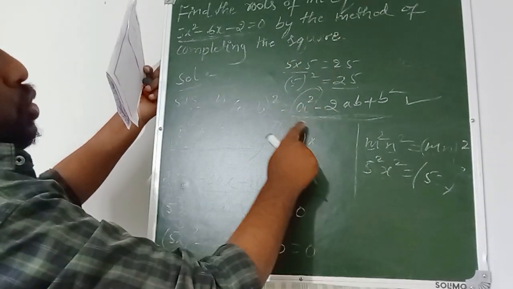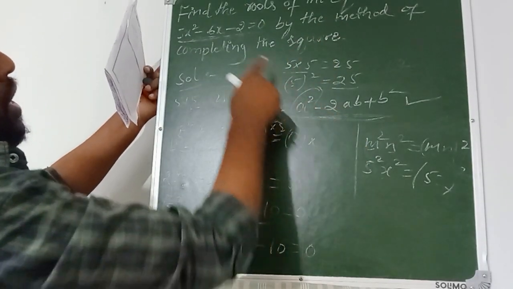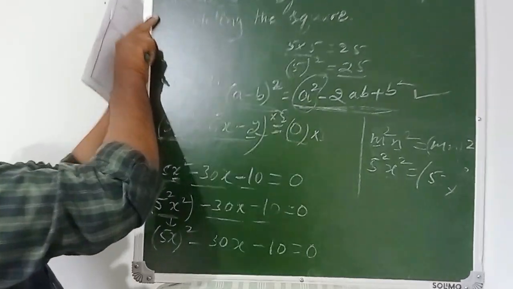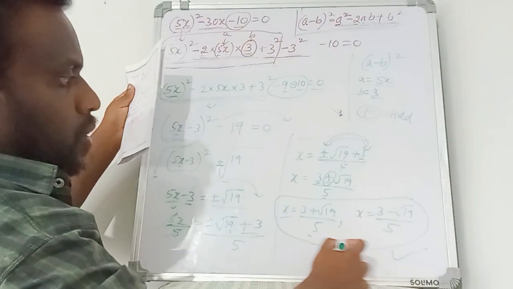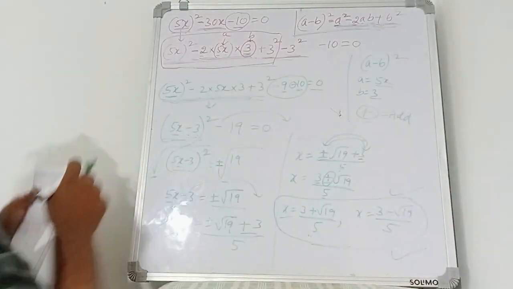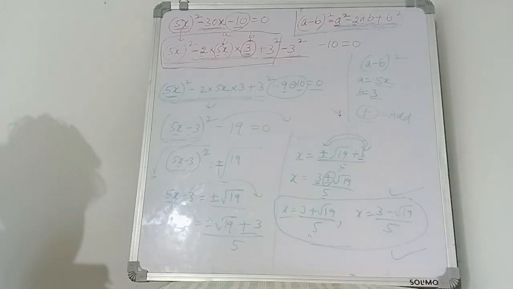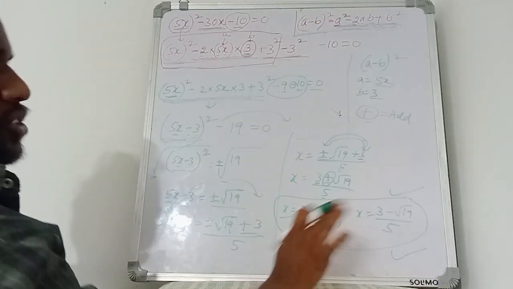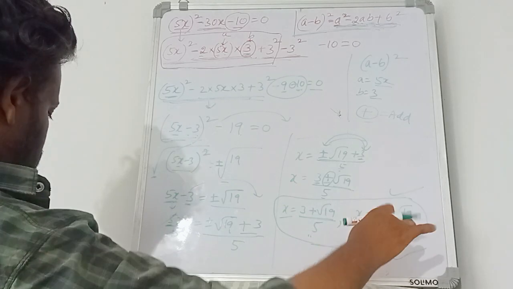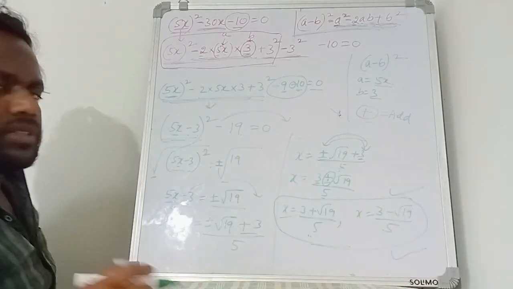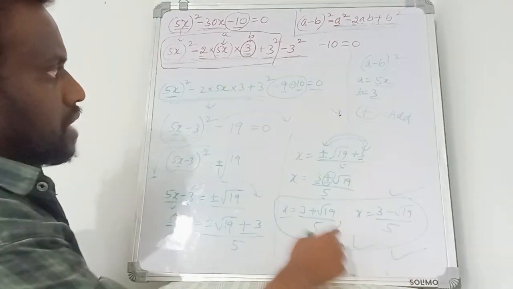Roots means x values. That means using this formula, find roots. We got this. This is the final answer. X is equal to 3 plus root 19 by 5, x is equal to 3 minus root 19 by 5. Yes, so this is the answer.